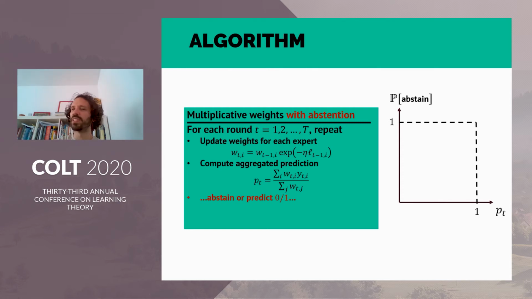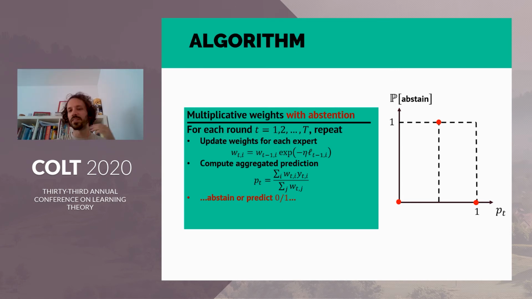And otherwise, if p is 1/2, then we have no reason to lean towards predicting 0 or 1. We might as well just abstain in this case, because by our assumption of c being bounded by 1/2, by abstention, we are always going to be better off by just not saying anything. So now we have established whether to abstain or not in these corner cases.